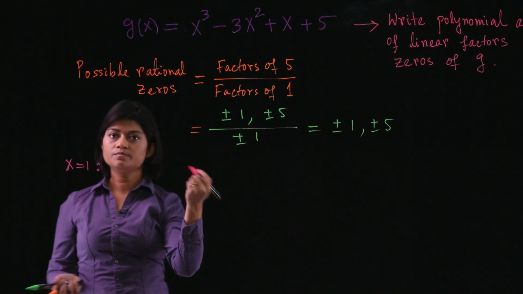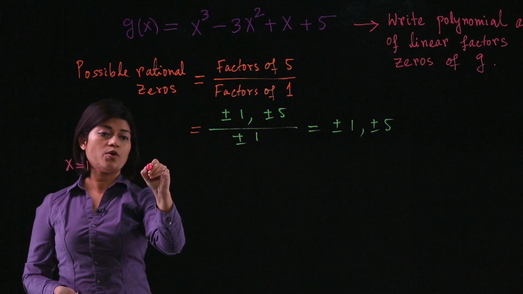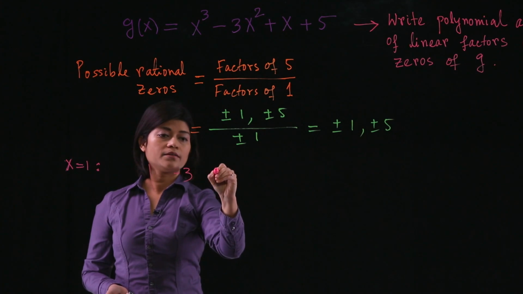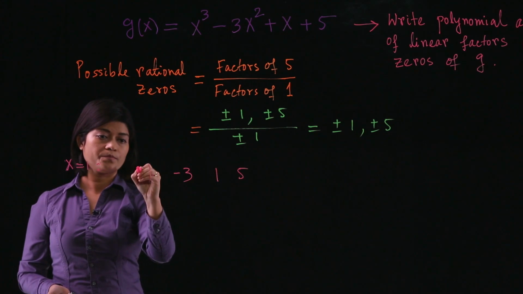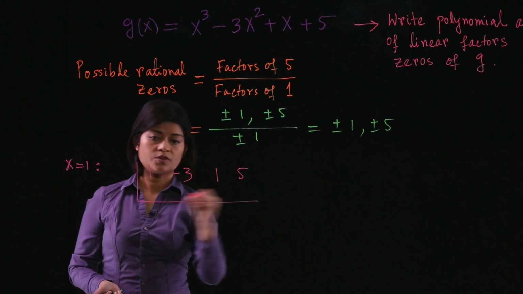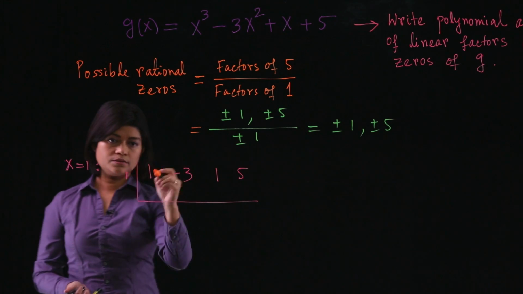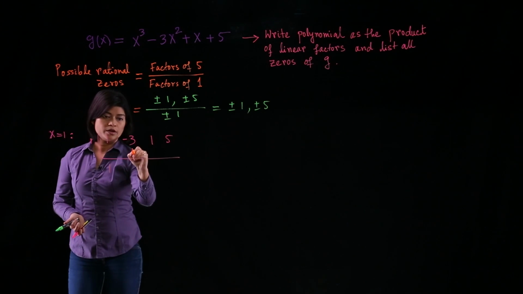Well, you know synthetic division, you write down the coefficients of g. So we have 1, negative 3, 1, and 5. And I'm checking x equals 1. So let's put 1 here. Okay, you bring down this 1. 1 times 1 is 1.